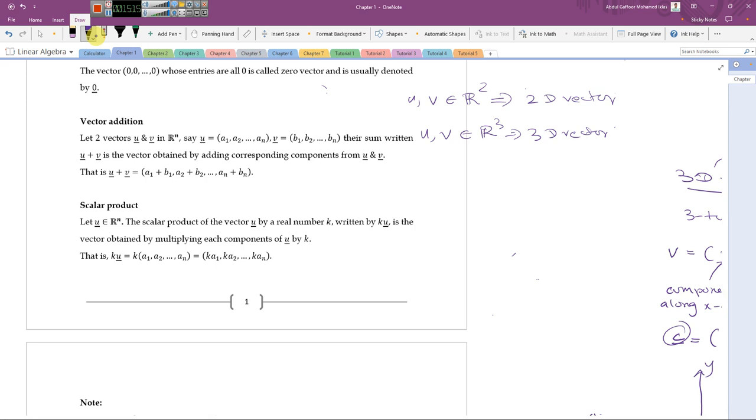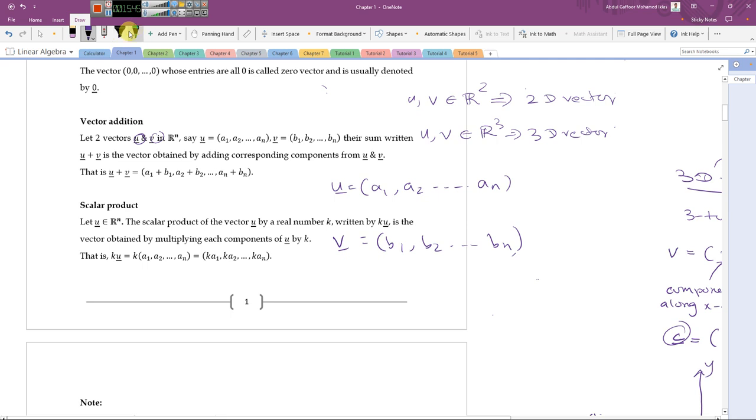Now vector addition means we will have different vectors and we have to add the corresponding elements, right? So if we have u and v, and u is equal to a1, a2 up to an, and v is equal to b1, b2 up to bn.